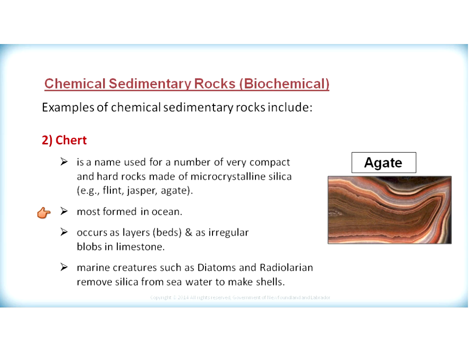Chert also forms mostly in ocean environments. Chert can occur in layers, such as beds, or it can occur as an irregular blob within limestone. Chert also forms from marine creatures such as diatoms and radiolarian, which remove the silica from the seawater to make their shells.